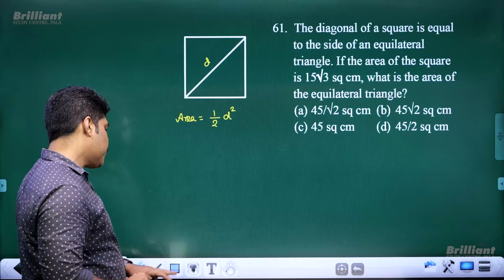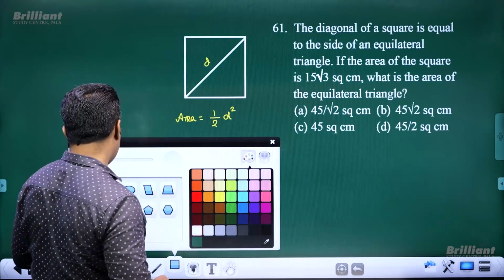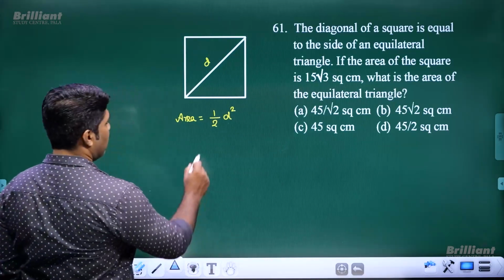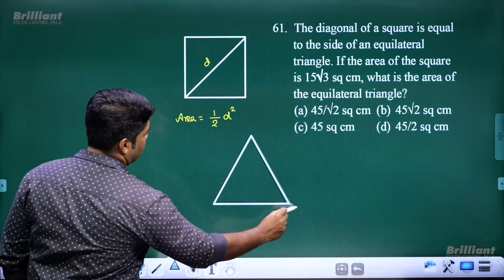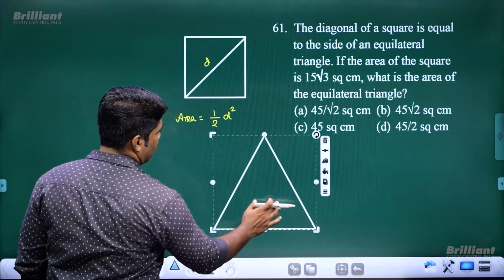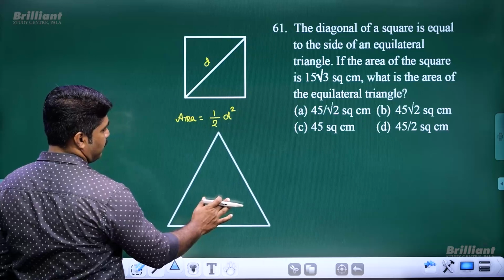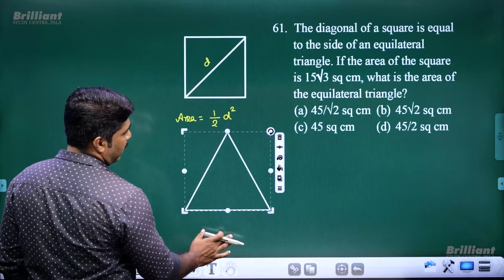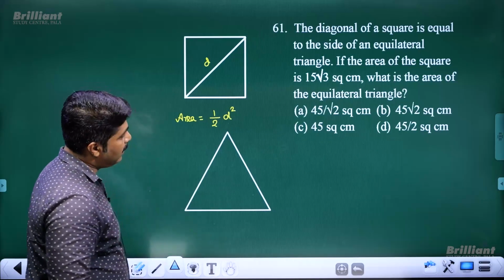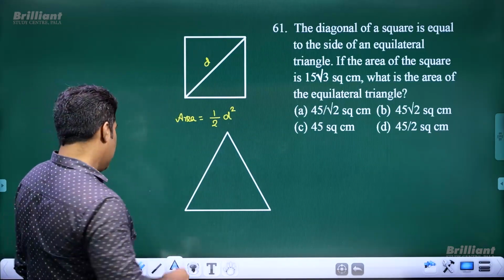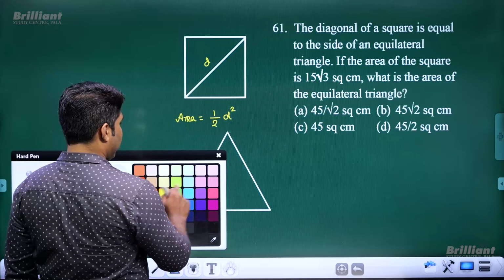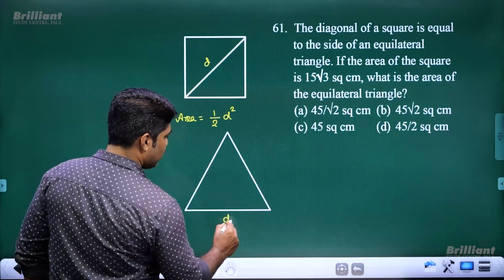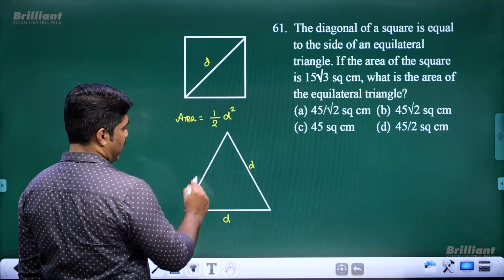And if we are considering an equilateral triangle, what is the area here? This is an equilateral triangle. We just consider its side is this diagonal. Suppose this side is this diagonal, don't forget, the side is the diagonal of the square.